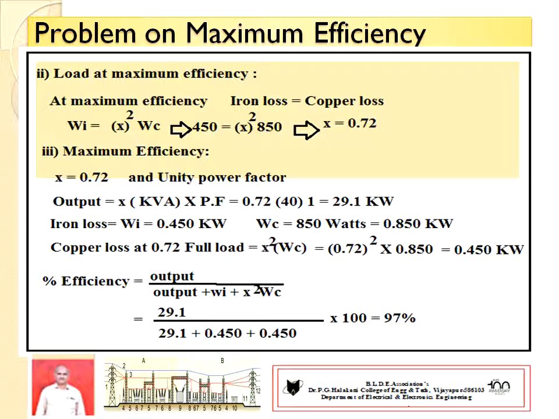So, this value should also be equal to 0.45 kilowatt. Iron loss and copper loss both should be equal. Then go for efficiency. Percentage efficiency equal to output divided by output plus iron loss plus copper loss, into 100. So we are going to get 97%.